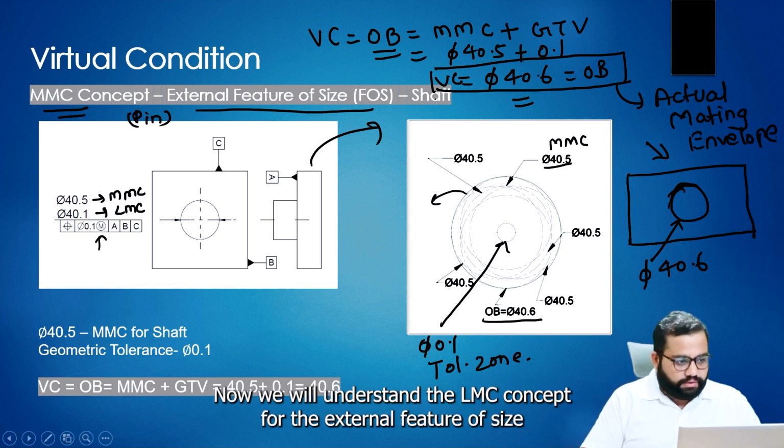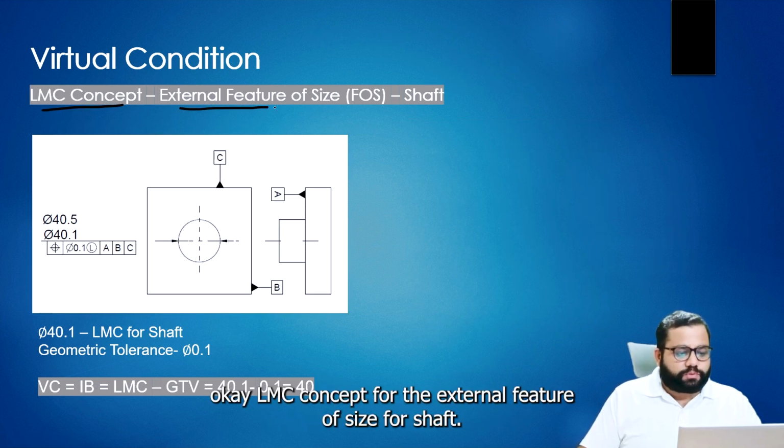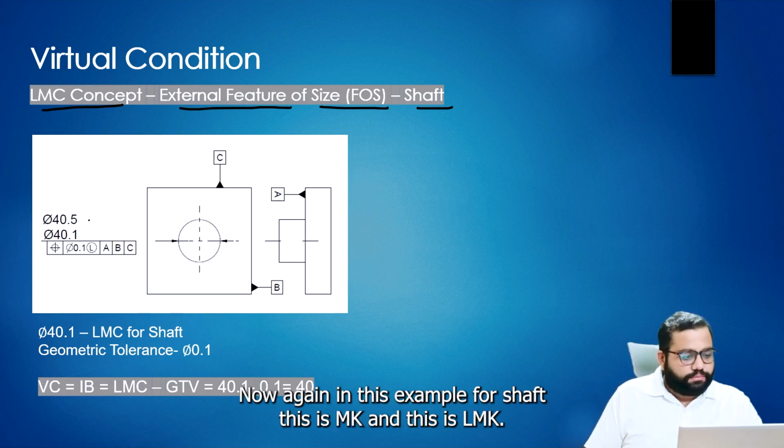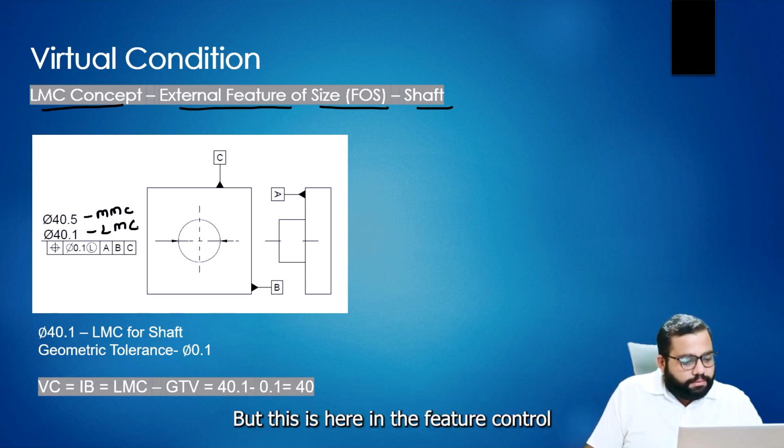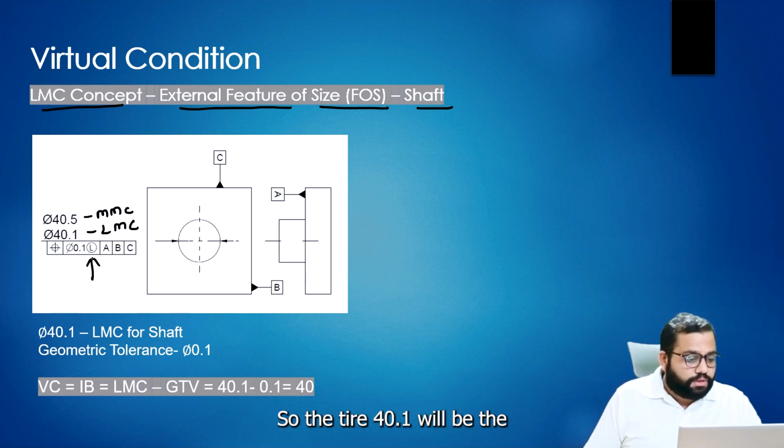Now we will understand the LMC concept for the external feature of size, for the shaft. Again, in this example for the shaft, this is MMC and this is LMC. But here in the feature control frame, we have used the modifier which is LMC. So dia 40.1 will be the LMC.